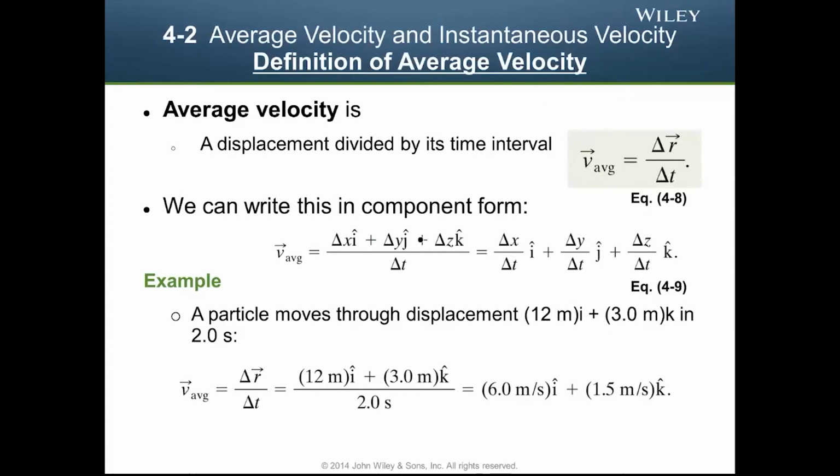So the individual components, you can each take a derivative with respect to time, or in this case, divide by the change in time, and you're going to get the components each, if you do them individually, because you can distribute this denominator. Okay, so that's just an example, and you have basically the x position and the z position in the IJK coordinate system, and then divided by 2 seconds, so there you go.